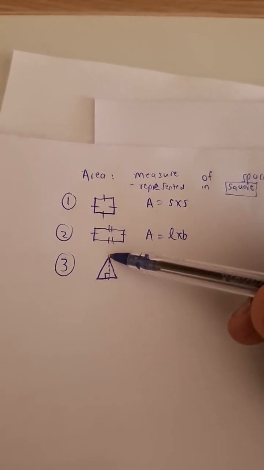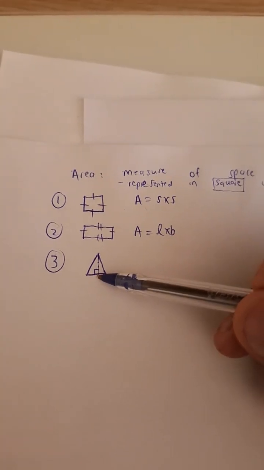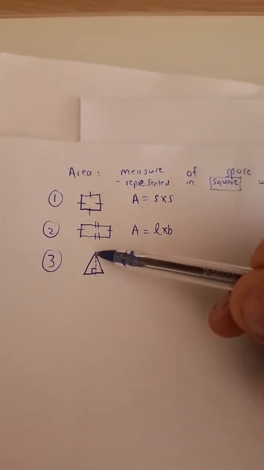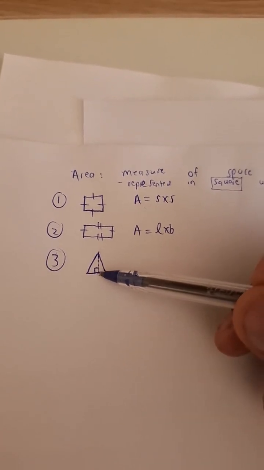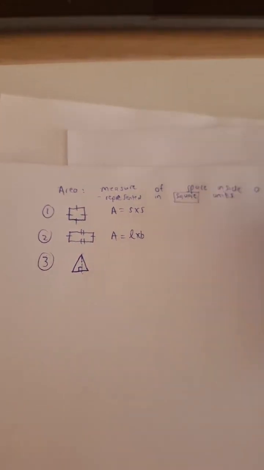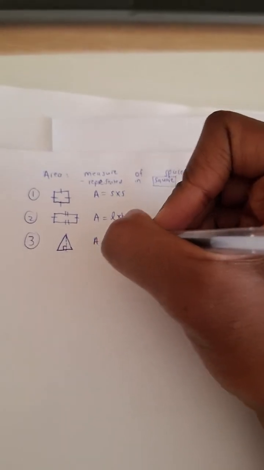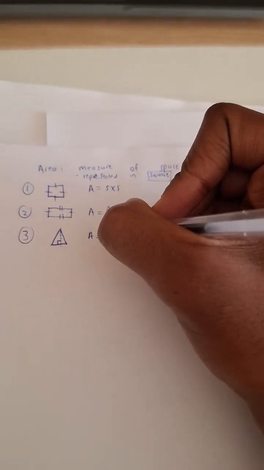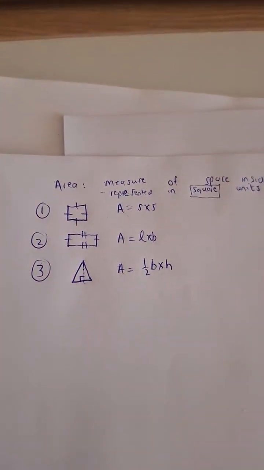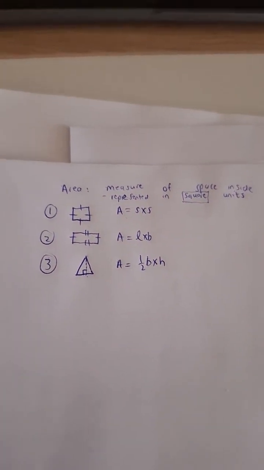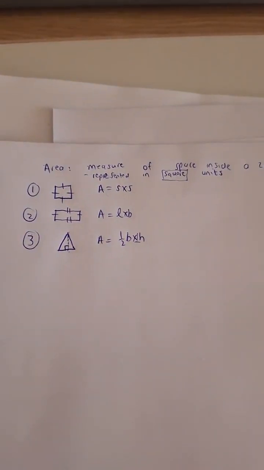So from the apex to the base, the highest point of a triangle to its lowest point, we call that the height. It's a perpendicular height. So we say area is equal to half base times the perpendicular height.